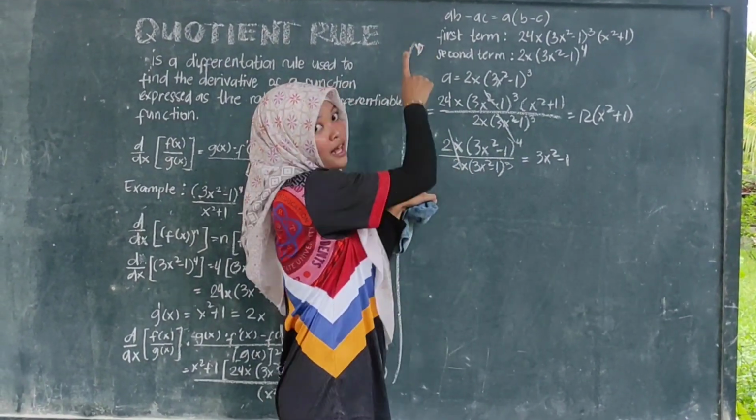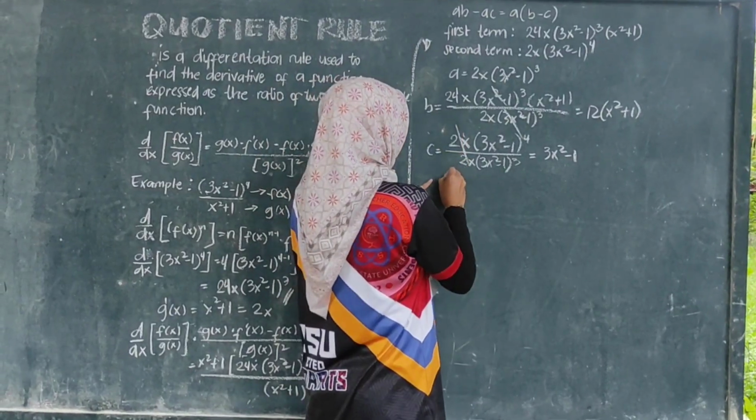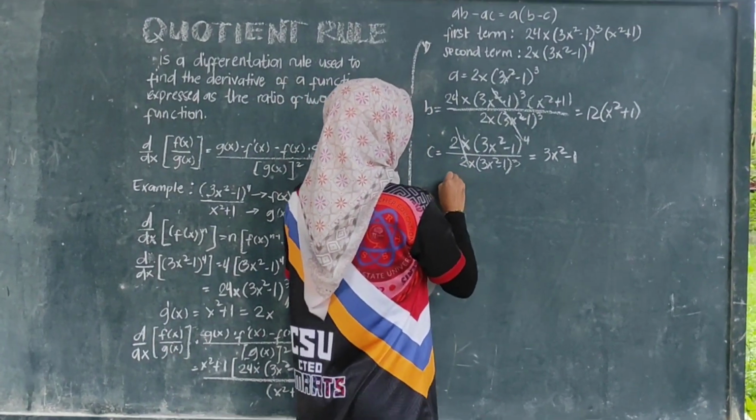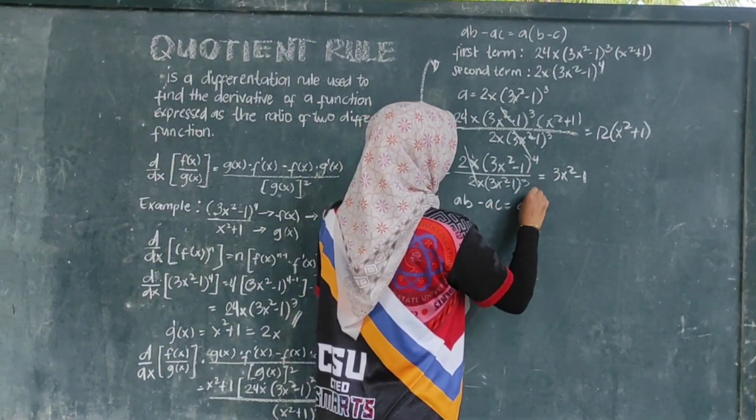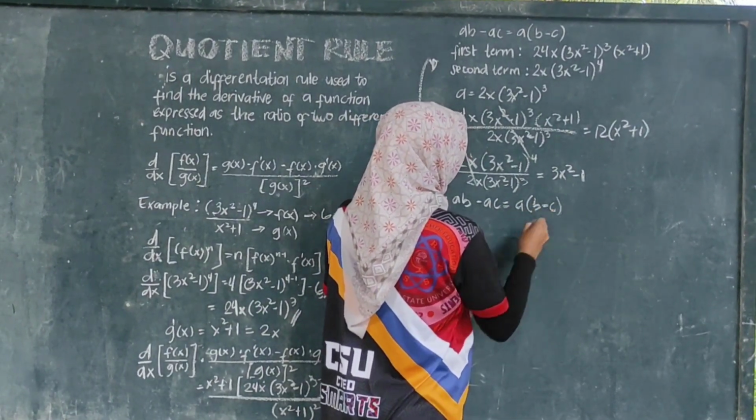Now we will apply the algebra rule: AB minus AC is equal to A times (B minus C).